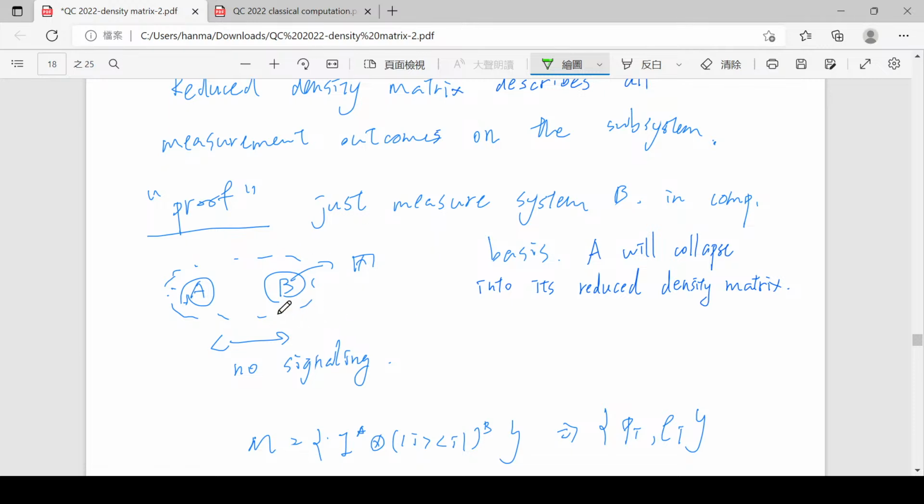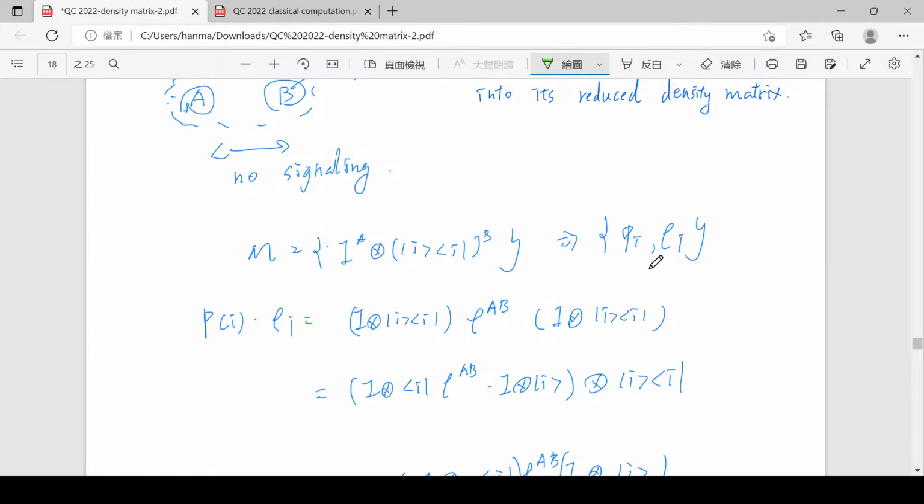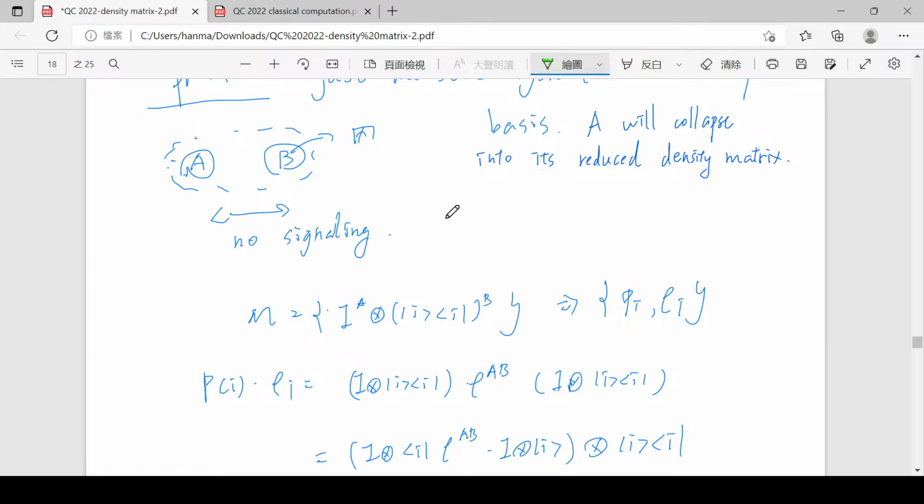So we think, what happens if we just measure system B in the computational basis? When we do that, A will collapse into something, and now we calculate the measurement. We do a computational basis measurement on system B, and the corresponding measurement operators are obviously the projectors onto the computational basis states, those |i><i|, but that's on system B. So what's the measurement operator on the whole system?